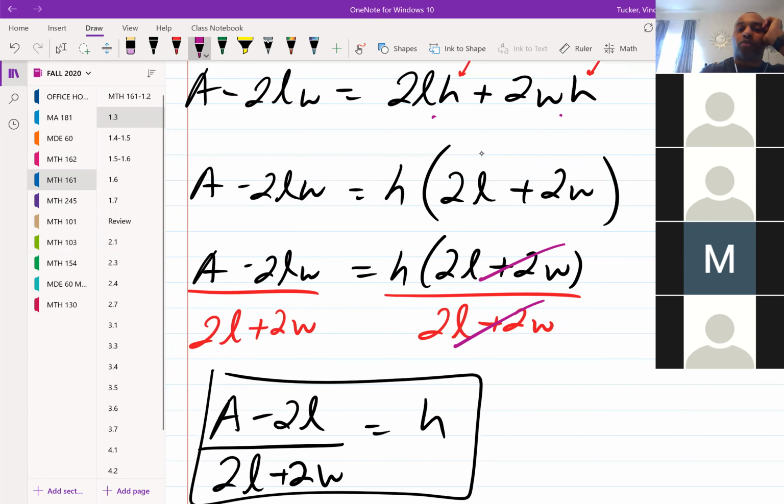Because if I wanted to distribute this back, then that would take us back to this original expression of 2LH plus 2WH. But what I did was I reversed that by bringing both of the H's out front and turned it into multiplication. So that's where both H's went. Both H's went right here. And then, like I said, if I wanted to reverse the process, I can multiply it or distribute it back. And then that'll take me back to what this is.